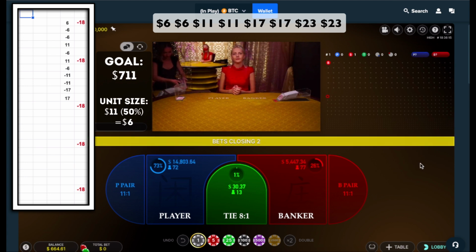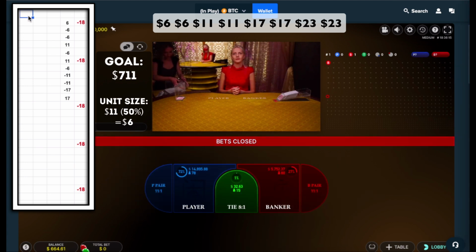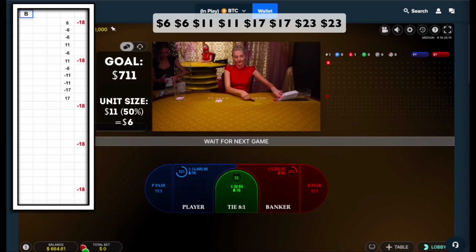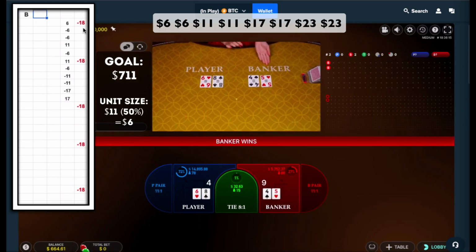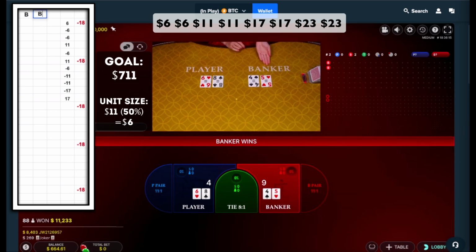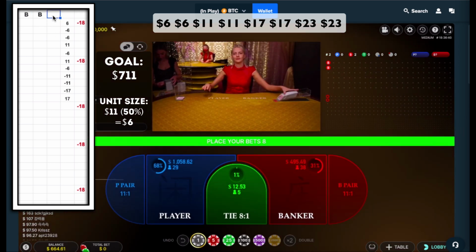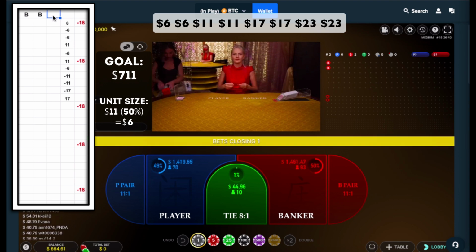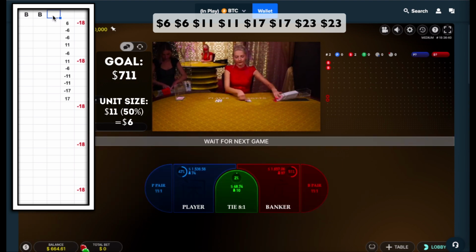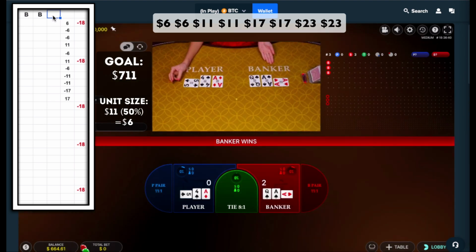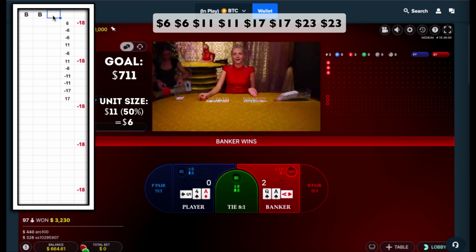Okay, Speed Baccarat A, brand new shoe. I'm going to leave this up since we are at minus 18. Okay, another banker. Three bankers in a row.